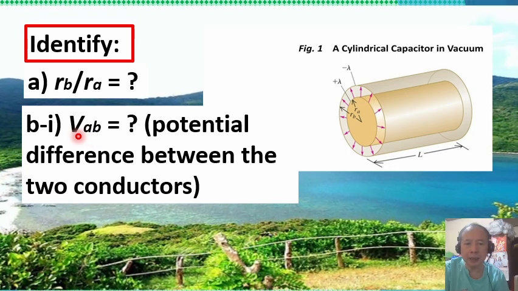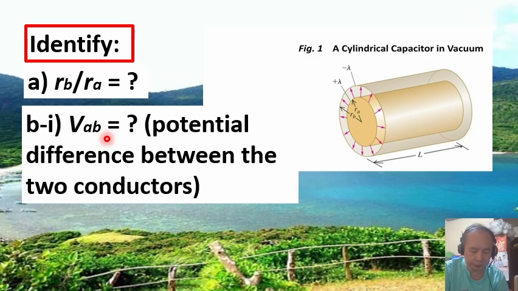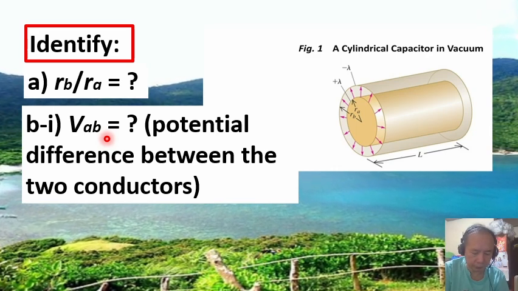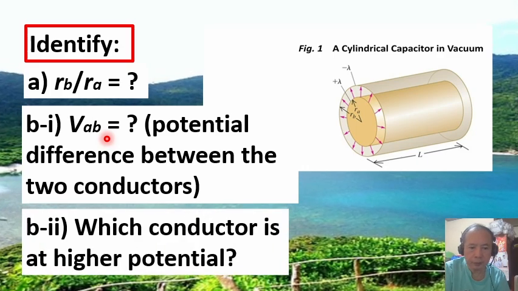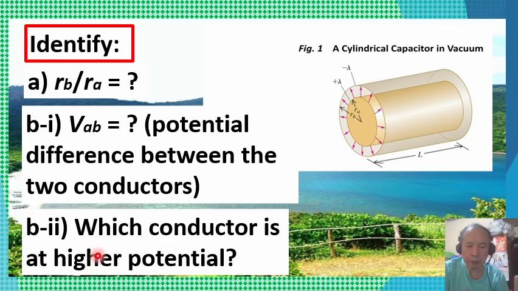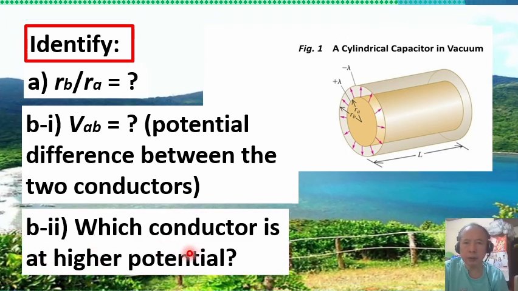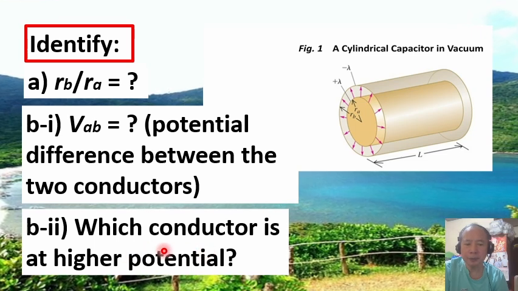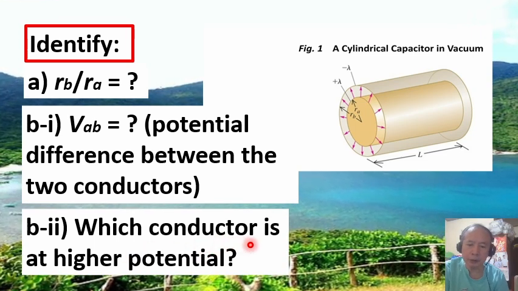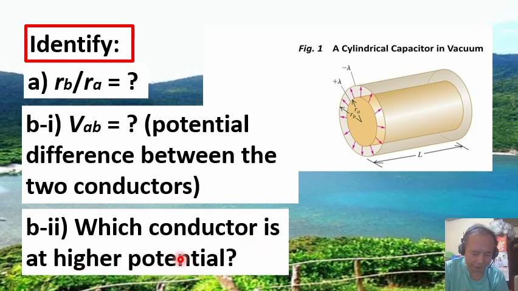We label that as capital V sub AB. And lastly, for part B2, we are to determine which of the two conductors, the inner conductor or the outer conductor, is at a higher potential.